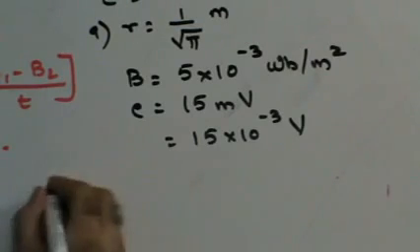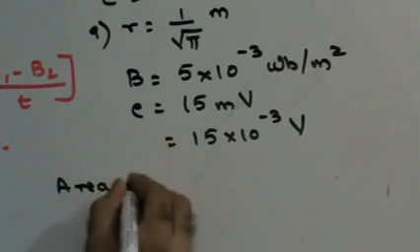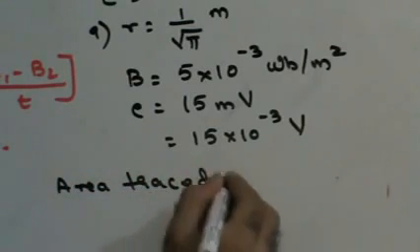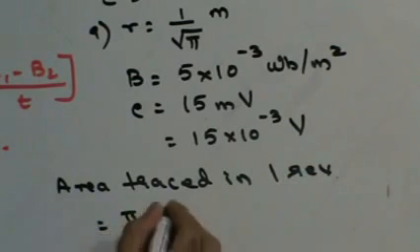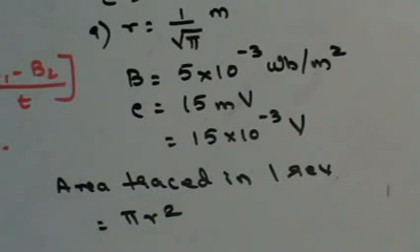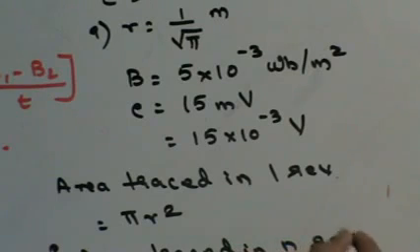Very similar to the previous one, the area traced in one revolution is going to be pi r square. Therefore, the area traced in n revolutions will be n times pi r square.